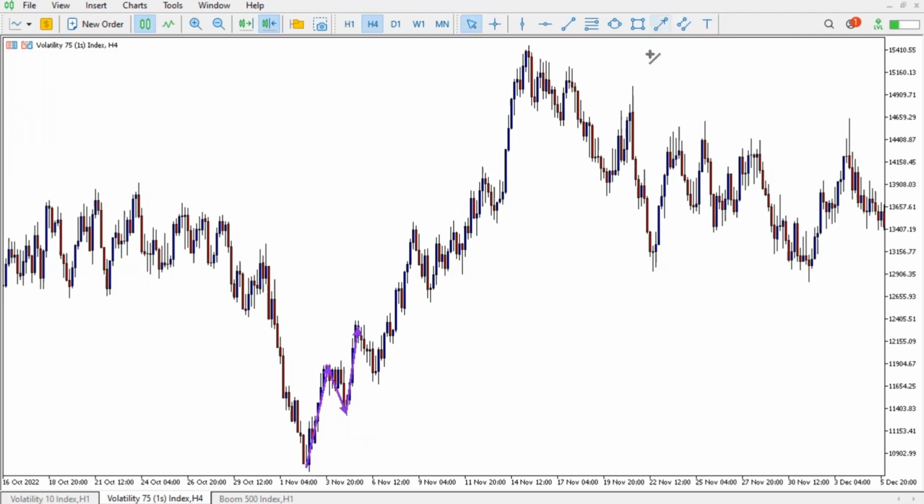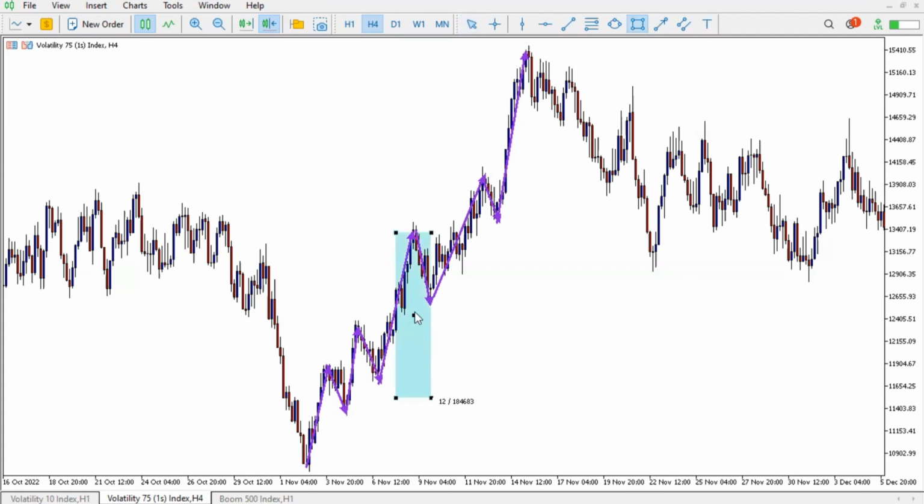Again downwards, then upwards, downwards. All right, are you with me? Okay, so now this is the structure of an uptrend, which is the opposite of what we did for the downtrend.